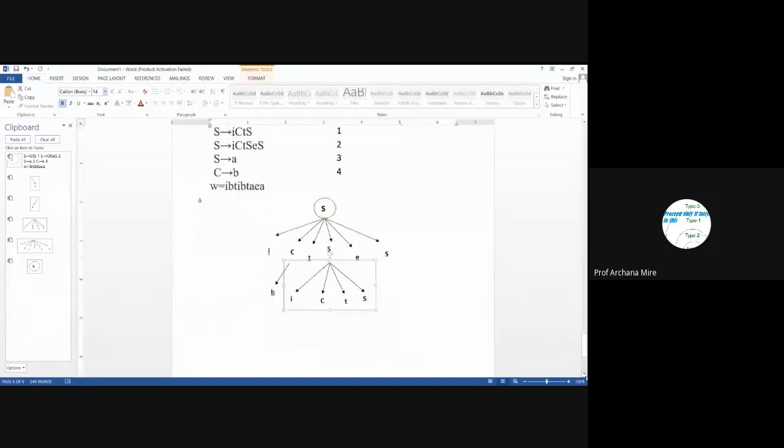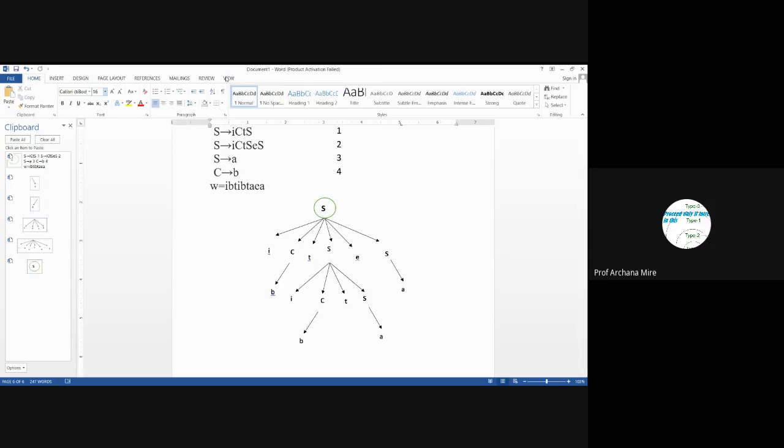Now I can use once again production rule number 4 for this, and production rule number 3 for replacing this S with A, and once again production rule number 3 for replacing this S with A. And now once again my tree is generated, my string is generated.